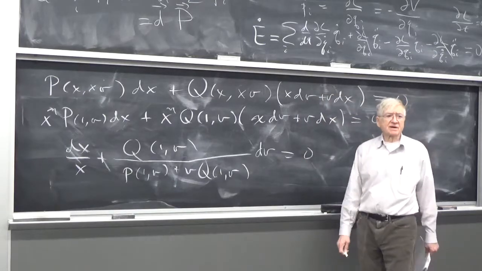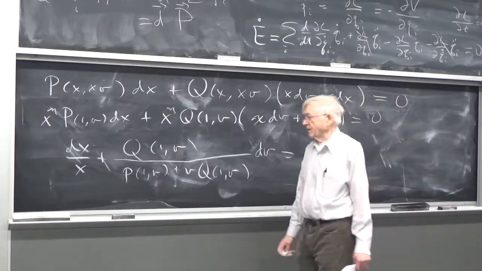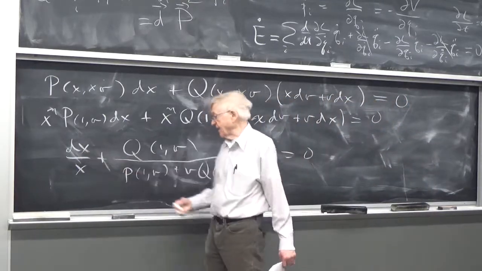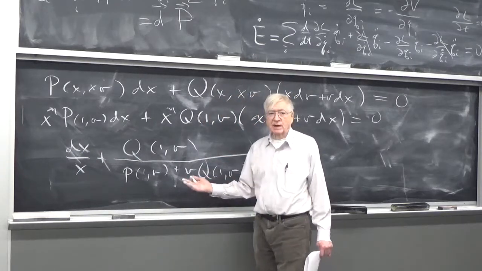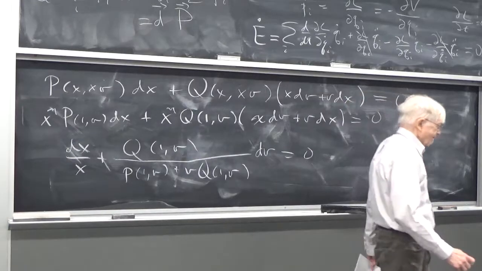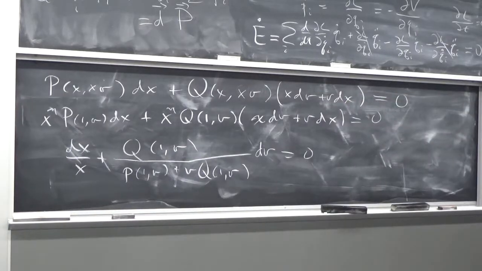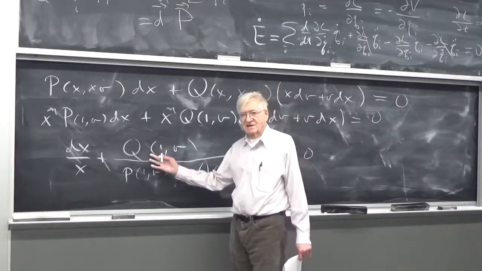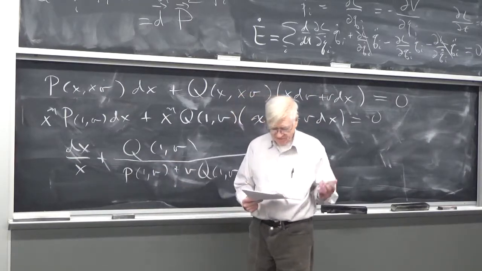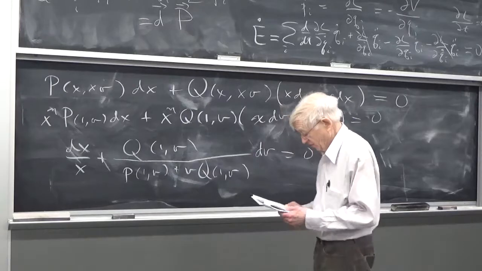So now we've got an equation that's separable and separated. We can integrate that to log x. We can integrate this to, well, if you've got Mathematica or Maxima or something that will do it for you. This may not be an easy integral, but whatever it is, you can certainly do it numerically.